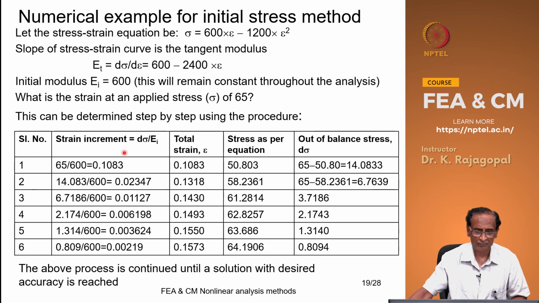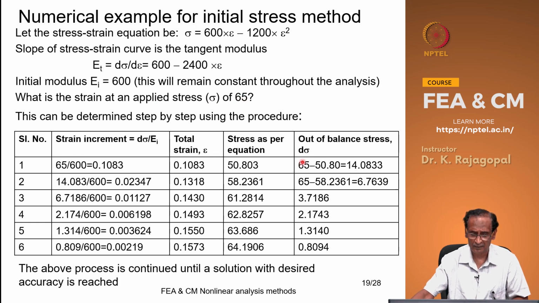And let us say we apply this the first time, okay, 65 by 600, and we get a strain increment of 0.1083, and our strain is 0.1083. So, if you substitute this back in our stress strain equation, we get a stress of 50.803. But then we have applied a stress of 65.